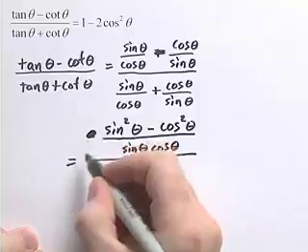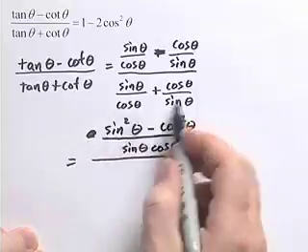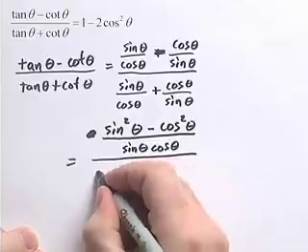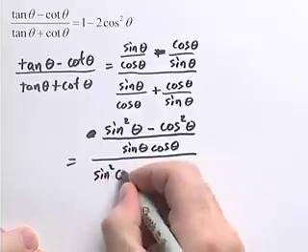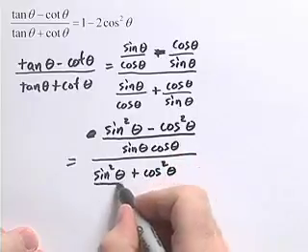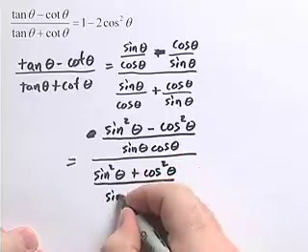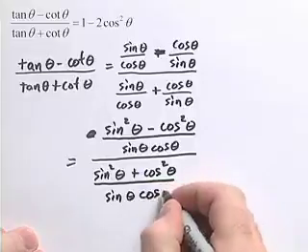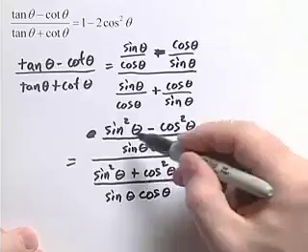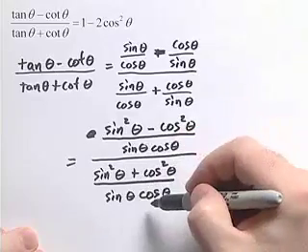Let's drop our equal sign down here. Do the same thing in this denominator, and we'll get sine squared theta plus cosine squared theta divided by sine theta cosine theta. We notice that in our two fractions here, we have the same denominators.